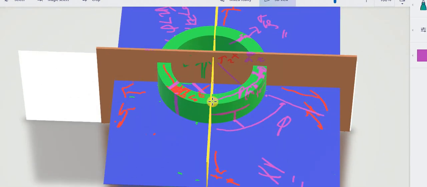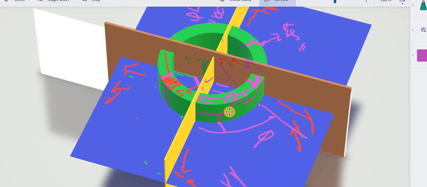So maybe rho is here, maybe rho is here, wherever, up to infinity. And phi is varying from 0 to 2 pi. So what? This circle is covering the whole circle.